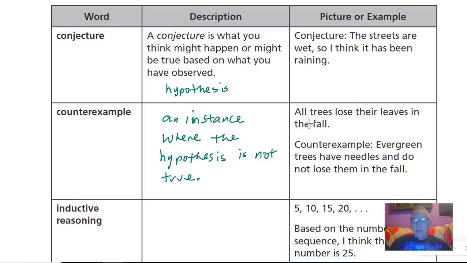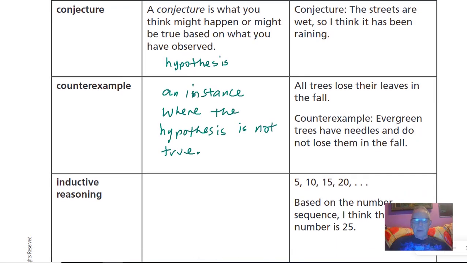Let's look at our example. All trees lose their leaves in the fall would be the hypothesis. But the counterexample would be, well, an evergreen is a tree, but it does not lose its leaves in the fall. One counterexample causes you to have to rework or falsify the original hypothesis.